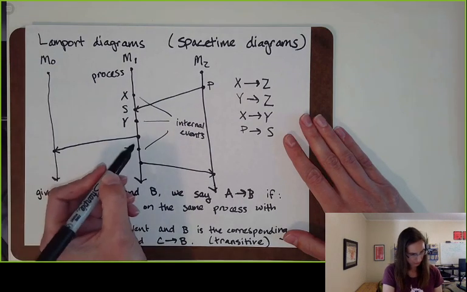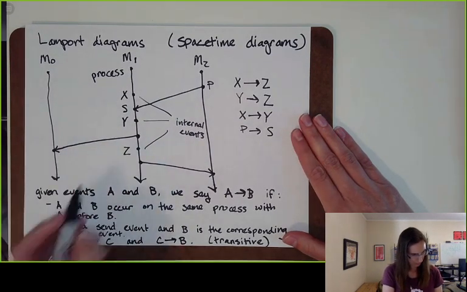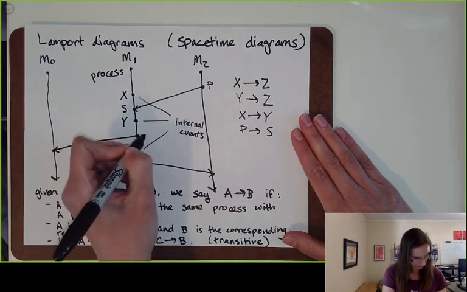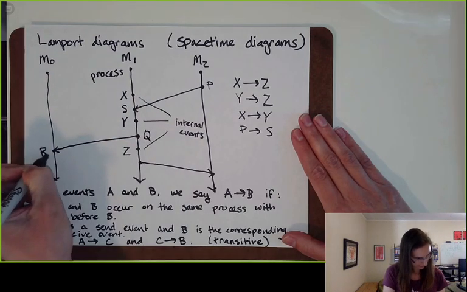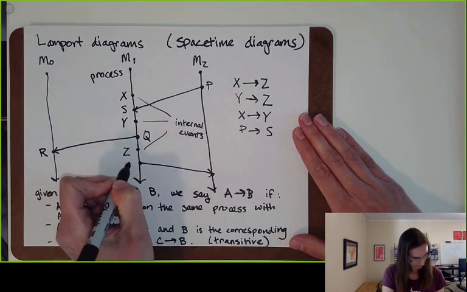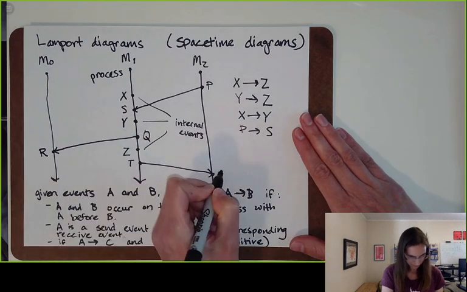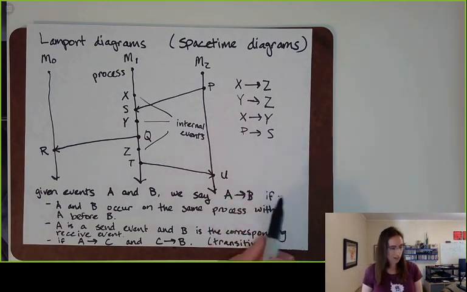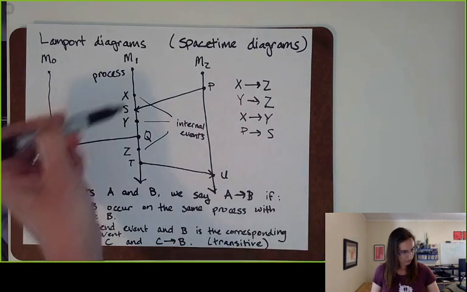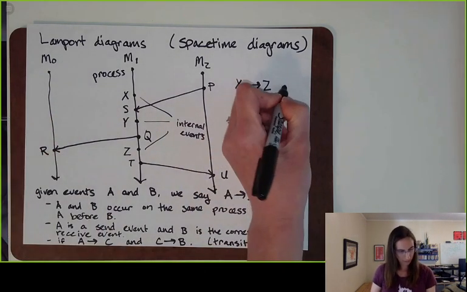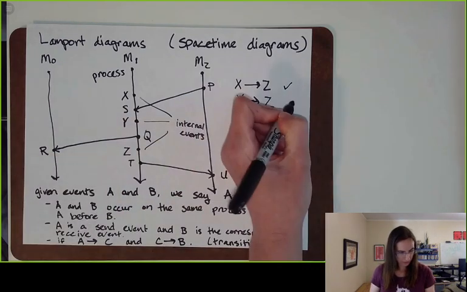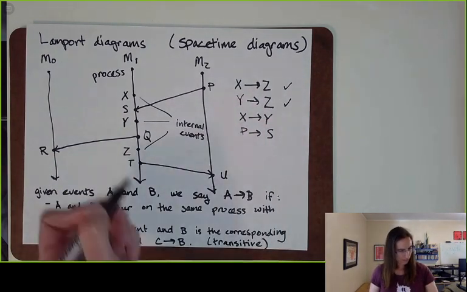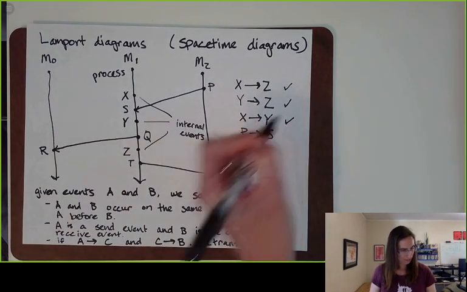What names have I not used here yet? Let's have this be Q, R. So we already talked about some pairs of events and how they're related, right? We talked about how X and Z are related, how Y and Z are related, X and Y, P and S.